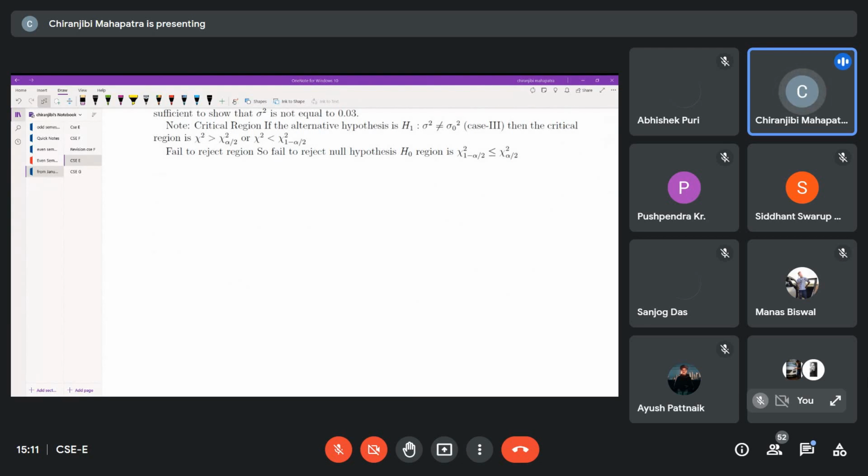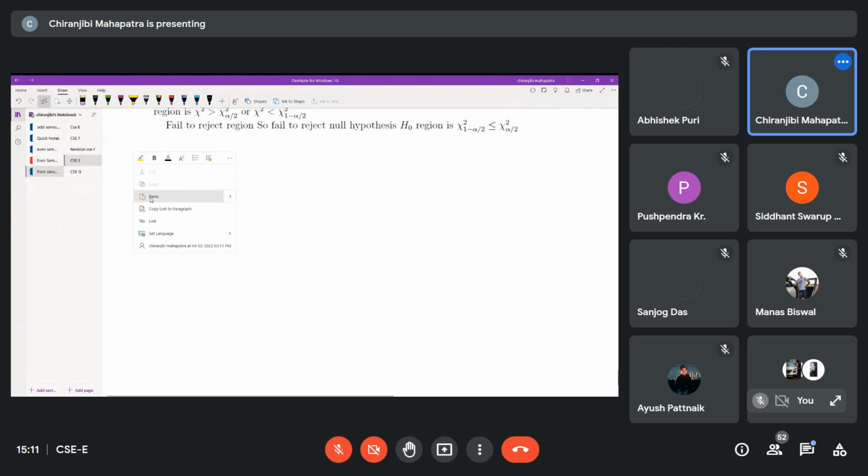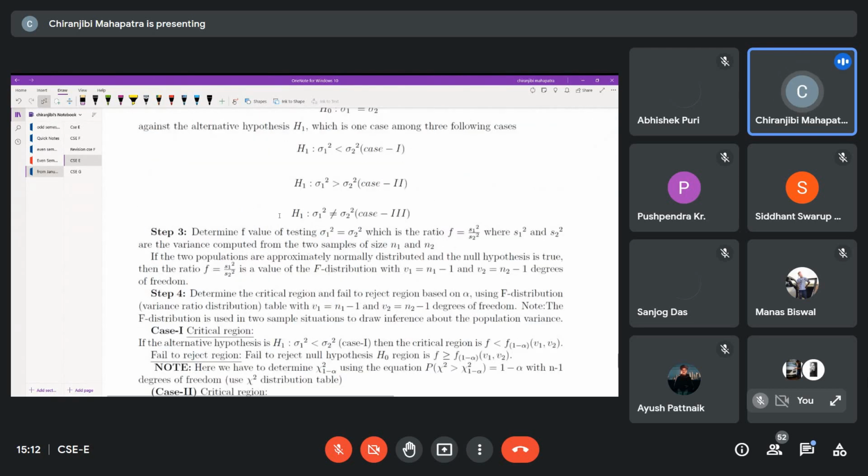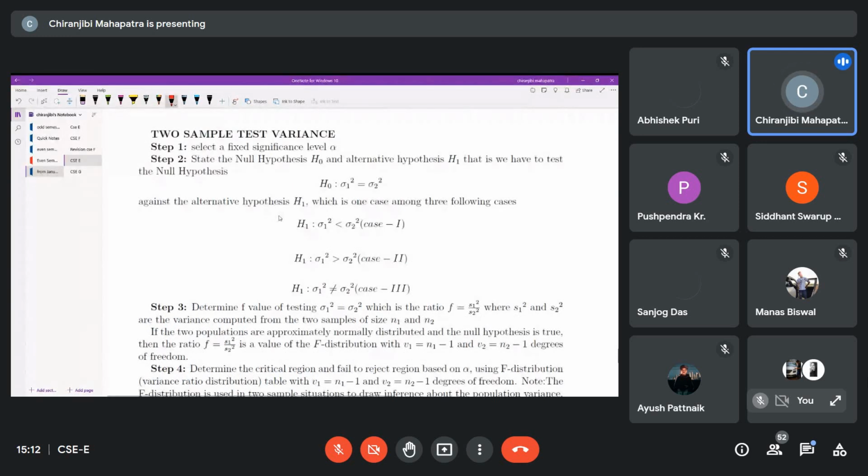Then I will tell you the two sample test for variance. So in the two sample test for variance, we need the F statistic. Here it was the chi-square statistic, but in the case of the two sample test, two samples are there, and here the variance is sigma 1 square, here the variance is sigma 2 square.